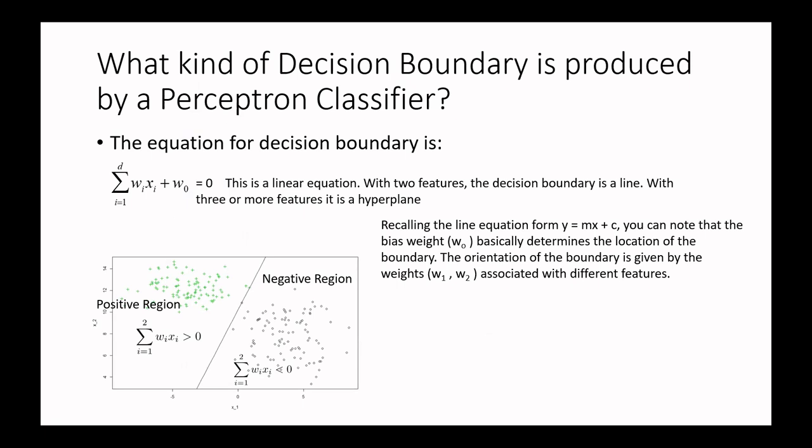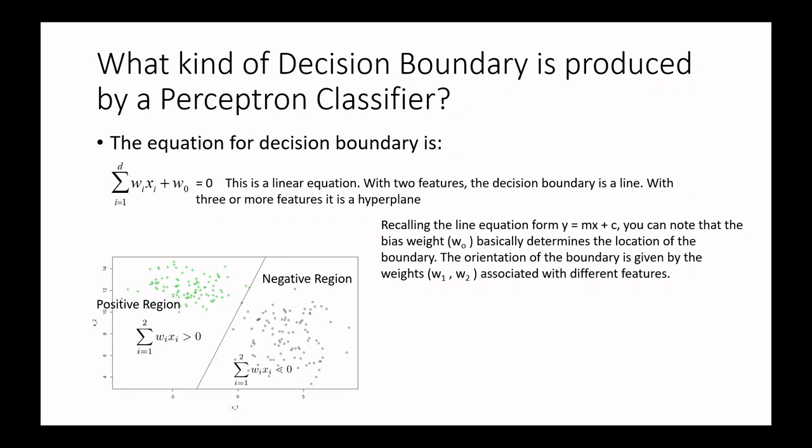All right. And if you look at the different weight values, this quantity W0, which we call the bias weight, will determine where you locate your boundary. The other weight values will determine how the boundary is oriented.